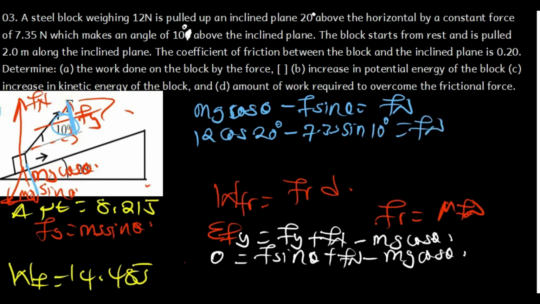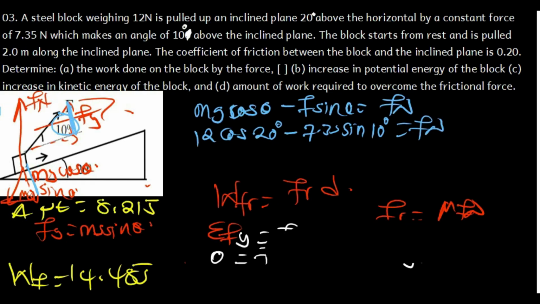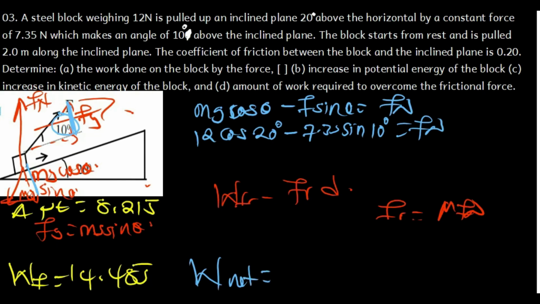So that is going to be our normal force. Now we no longer need this, but remember the formula, we should not forget. The net work is equal to the work done by the force minus the work done by the friction minus the work done by Fg. That is what is going to help us.